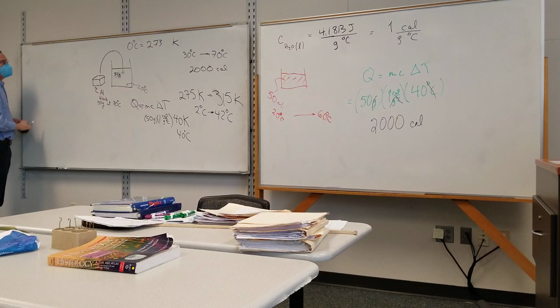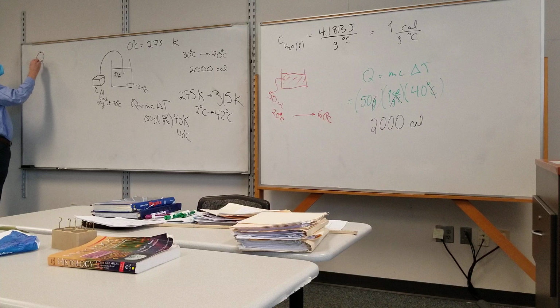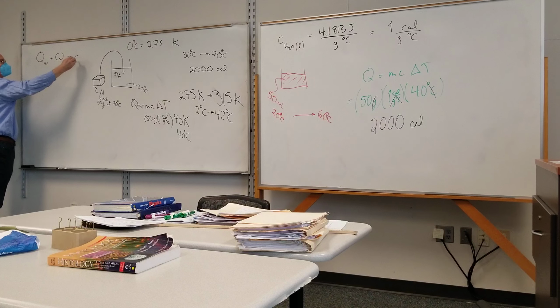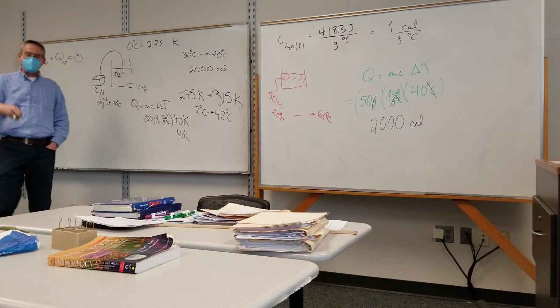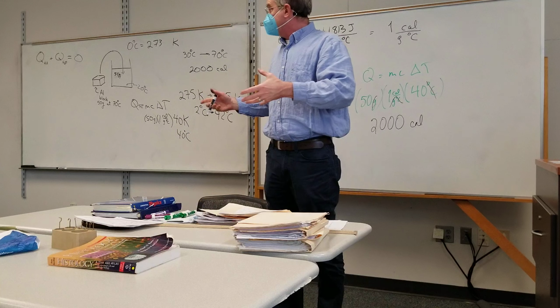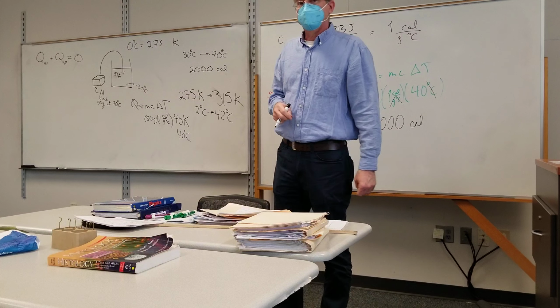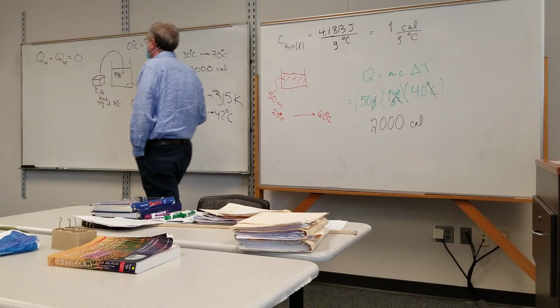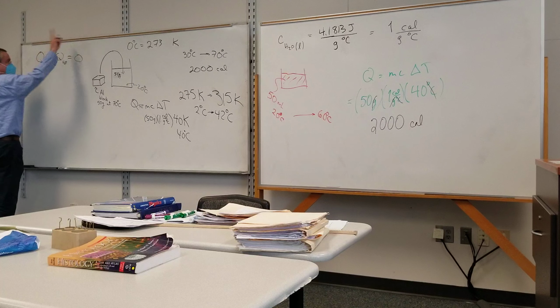We'll do it this way. Q for the aluminum plus Q for the water is equal to 0. All that says right there is that when I take the amount of energy from one, I'm going to give it to the other. Matter of fact, I can take that over to the other side.